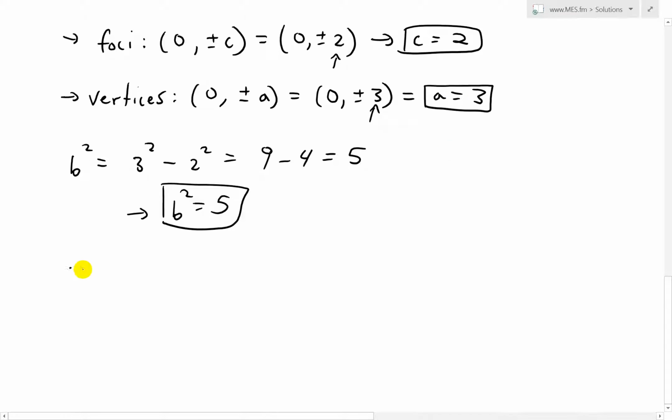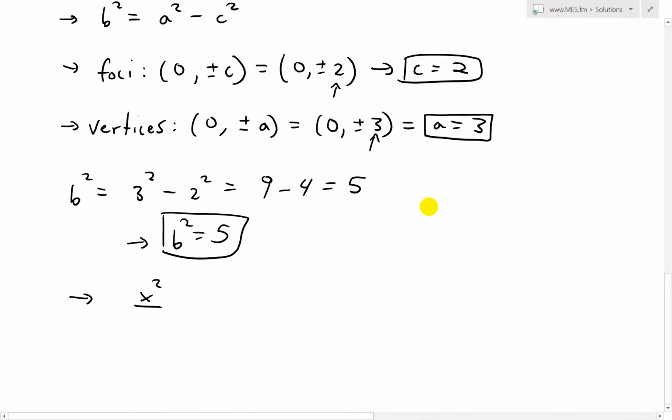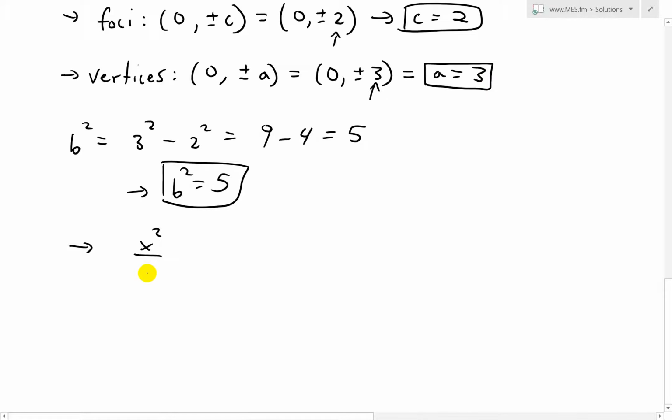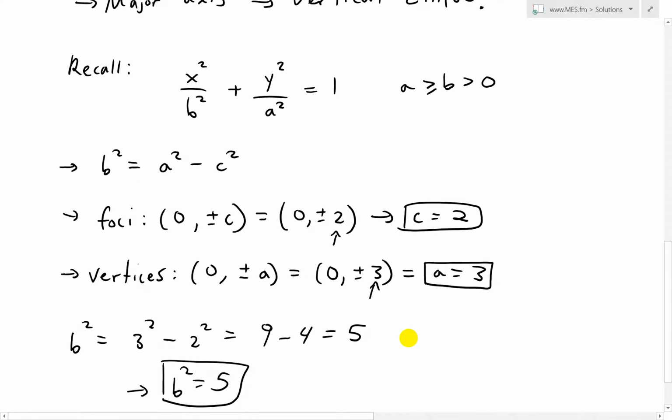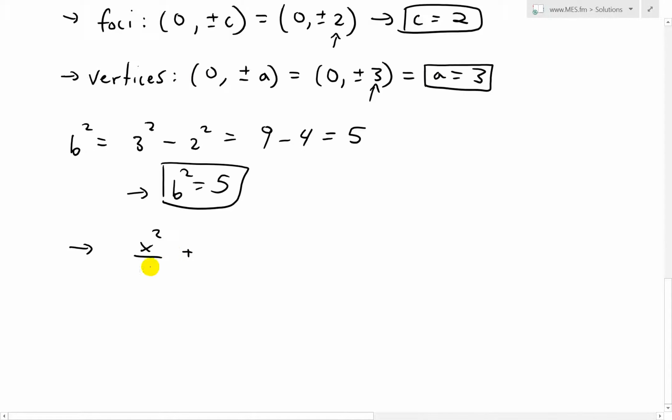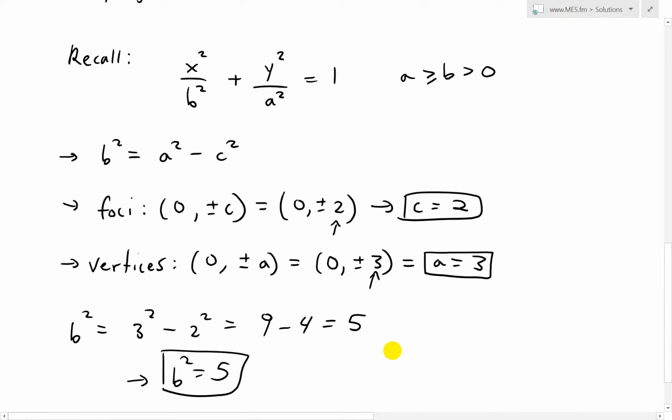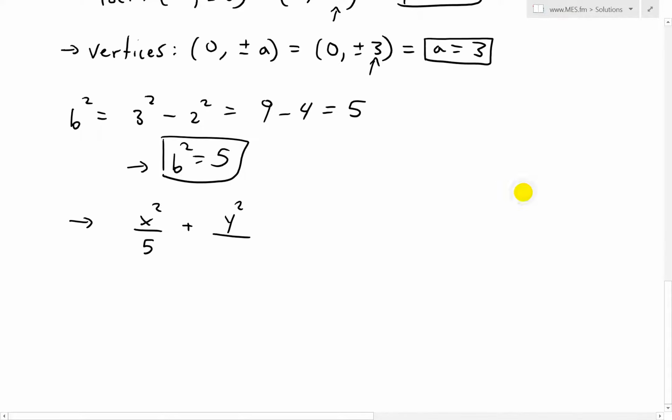So then that means our equation is simply x squared over b squared, which is 5, plus y squared over a squared, which is 9, not 3 squared, equals 1.